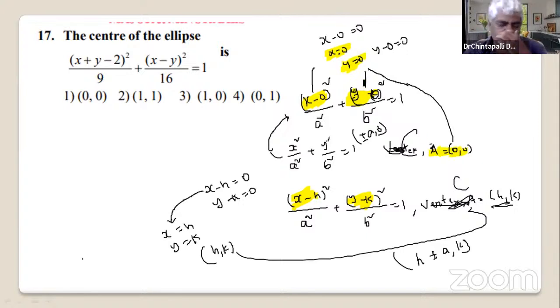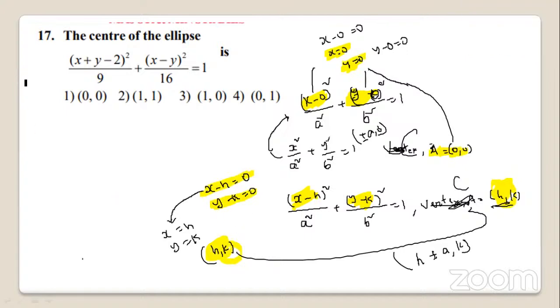And the point of intersection of the line x minus h is equal to 0 and the line y minus k is equal to 0 is h comma k, which is the center. Got it?